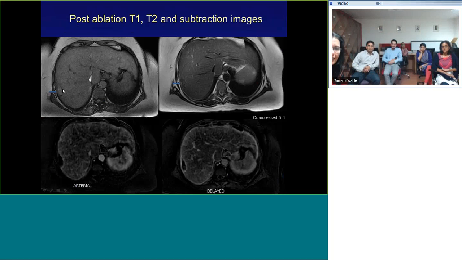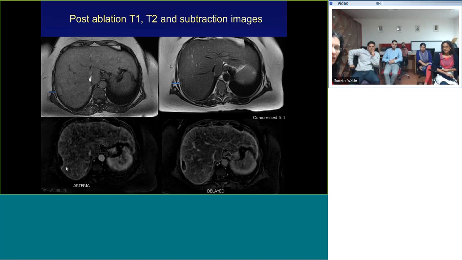This is an example of an ablated, radioablated lesion. Typically, for almost up to a year, at least for 6 months, they're brighter on T1. So it's important for you to know if the patient has had any prior local treatments like ablation and whatnot. And typically on T2, it is not hyperintense, although it can be heterogeneous.